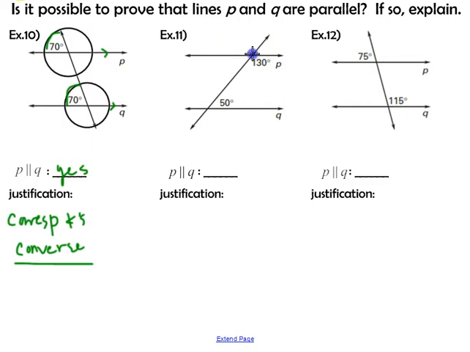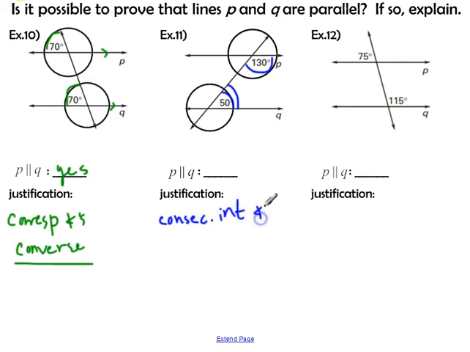If we draw the circles, again, just for visual aids, let's talk about these angles. We have 130 here, and 50 is a different measure. Now they're both inside the two lines, and they're on the same side of the transversal. So we're talking about consecutive interior angles. Now, 130 plus 50 equals 180.